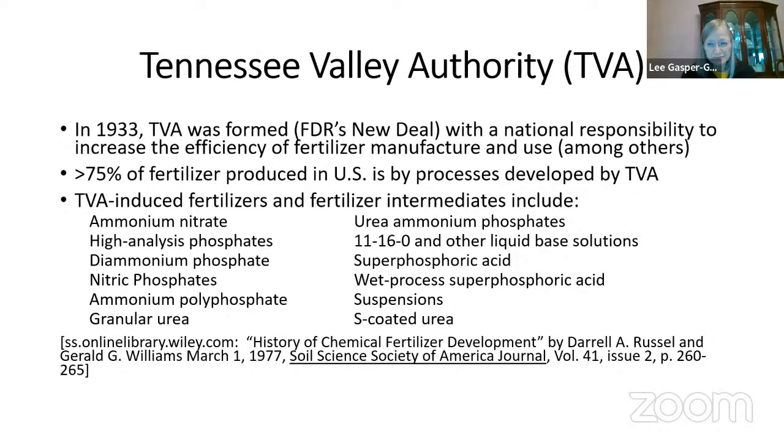They wanted the TVA to have a national responsibility to increase the efficiency of fertilizer manufacture and use. And they also set the TVA up as a utility, which it is to this day. So greater than 75% of the fertilizer produced in the United States is by processes developed by the TVA. So you can see why they are deemed so important to the fertilizer industry.